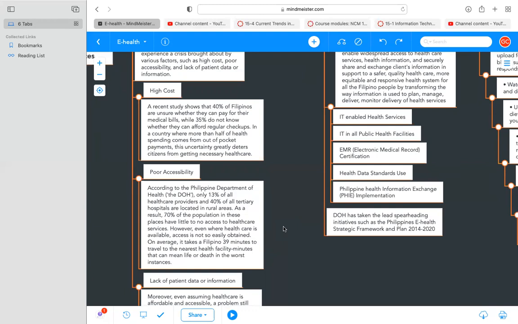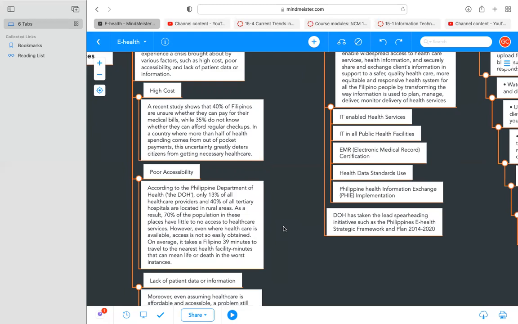If you take a look at the figures, 13% of all healthcare providers and 40% of all tertiary hospitals are in the rural area, which of course limits the provision of healthcare services. And as a result, 70% of the population in these places have little to no access to healthcare services.